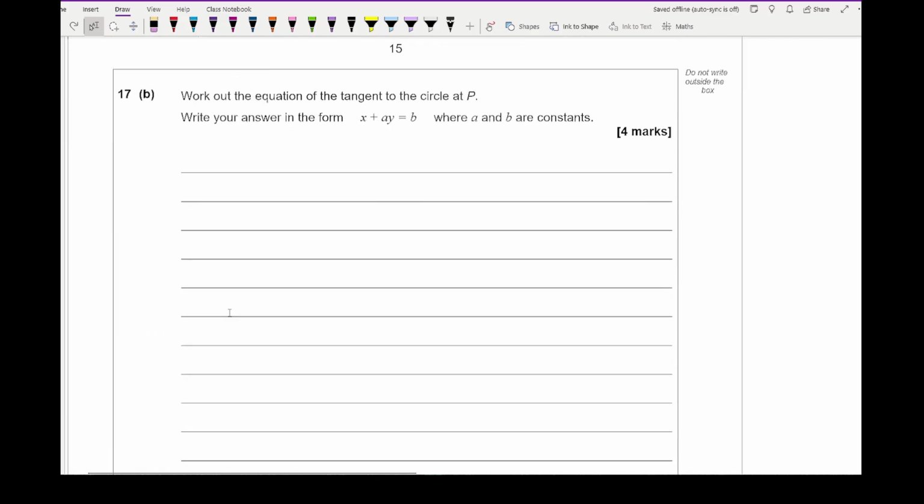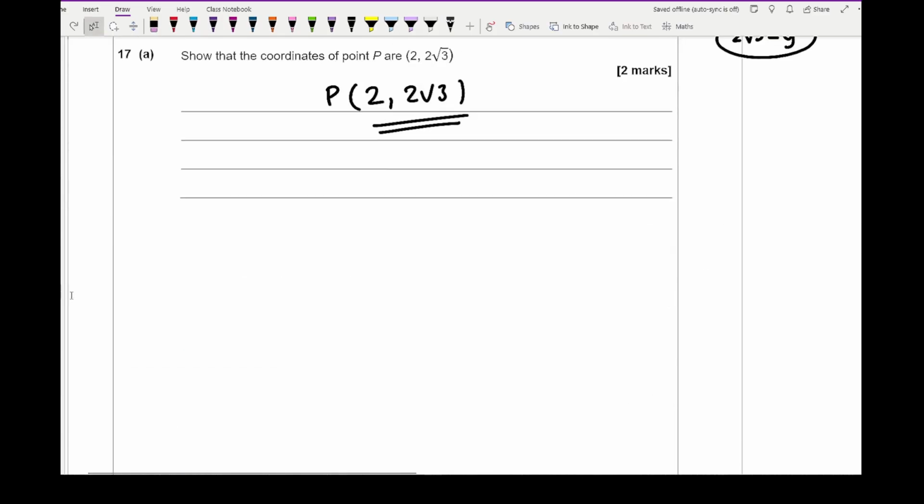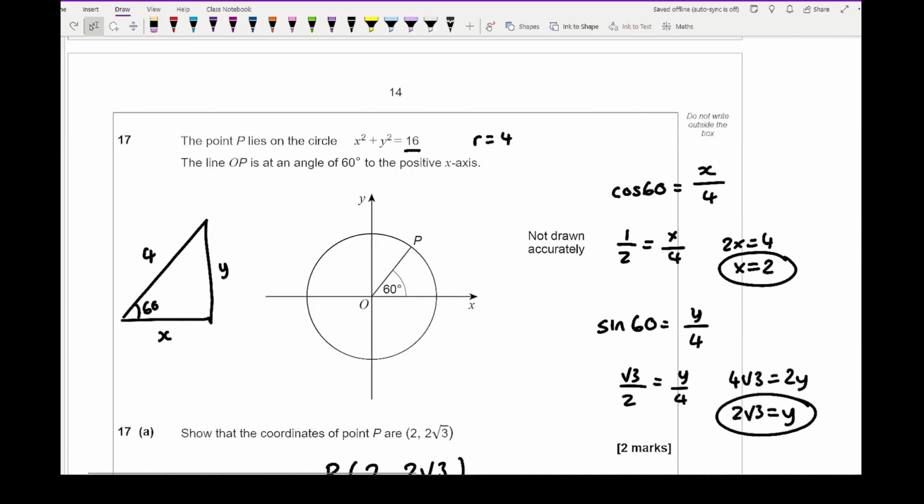Moving on to 17b, it says work out the equation of the tangent at P. Write your answer in the form x plus ay equals b. So to work out the gradient of the tangent, the first thing we need to establish is the gradient of the normal, which is this line here.